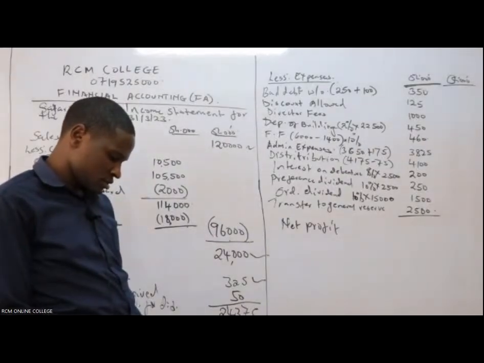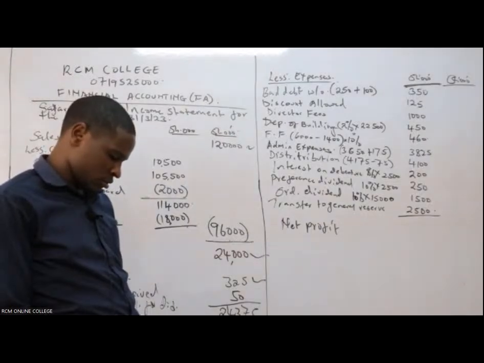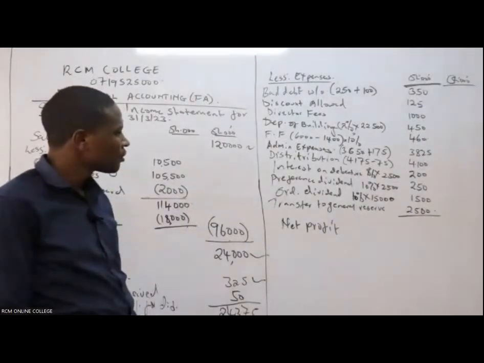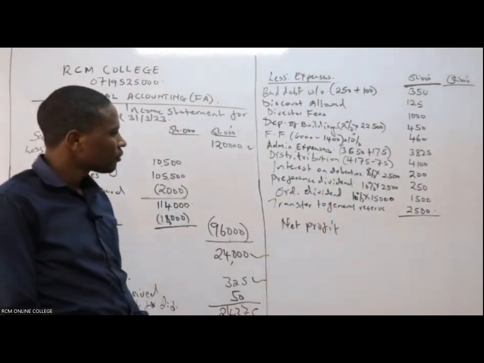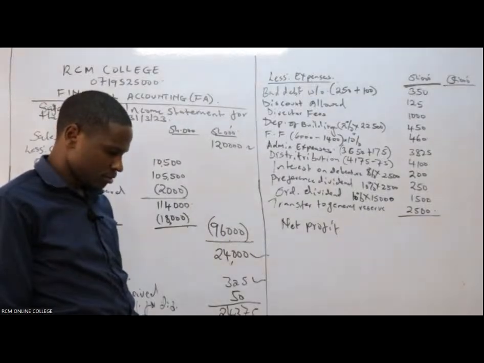Those expenses, I see. Okay. 200, interest paid. Interest paid is already taken care of. Okay. Preference dividend. Preference dividend. Yes.